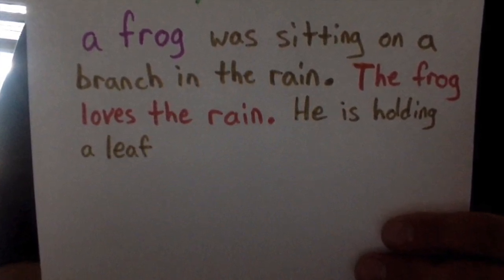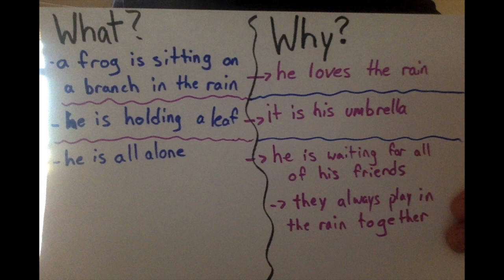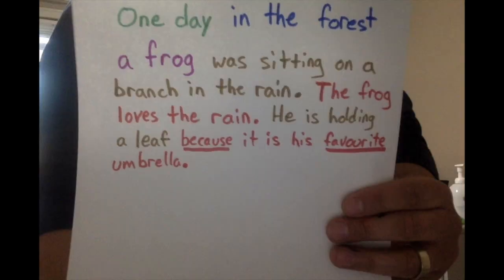And I'm going to use the awesome word because. Because is a great way of joining a what and a why together in the same sentence. The why that goes with he is holding a leaf is because it is his umbrella. So in my sentence, I'm going to put he is holding a leaf because it is his favorite umbrella.